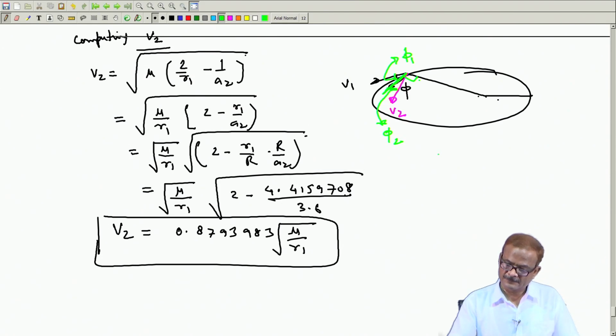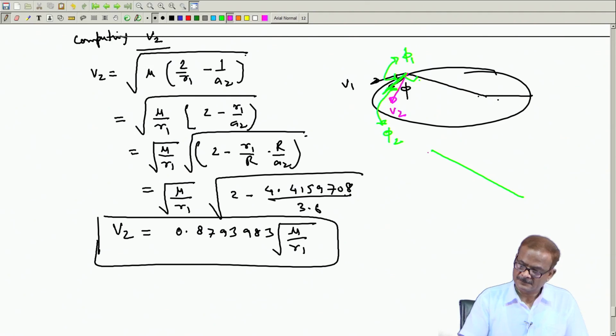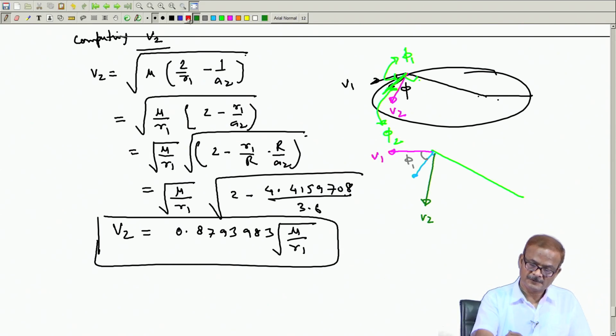Okay, seeing the situation, I will draw again. So, this is the line here and V 1 is in this direction, the local horizontal is like this, it makes 90 degrees with this place. Okay. And therefore this is your phi 1, the flight path angle, and V 2 may be here in this direction. So, the corresponding angle is phi 2.